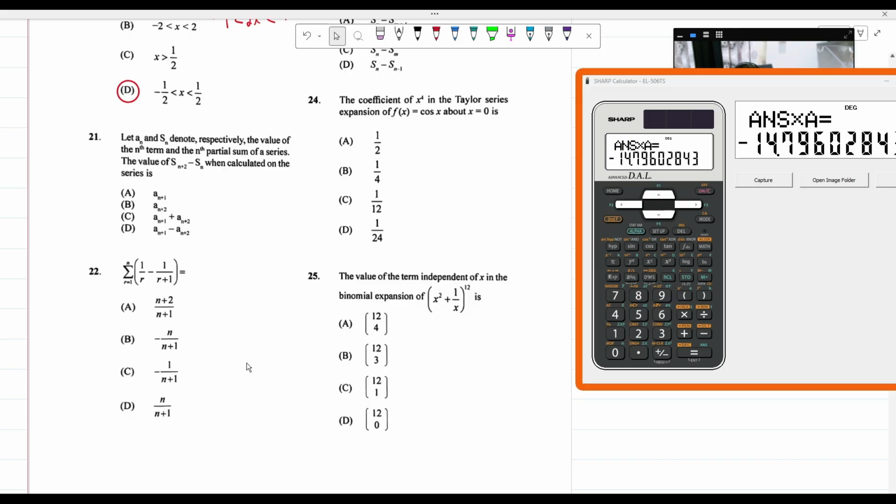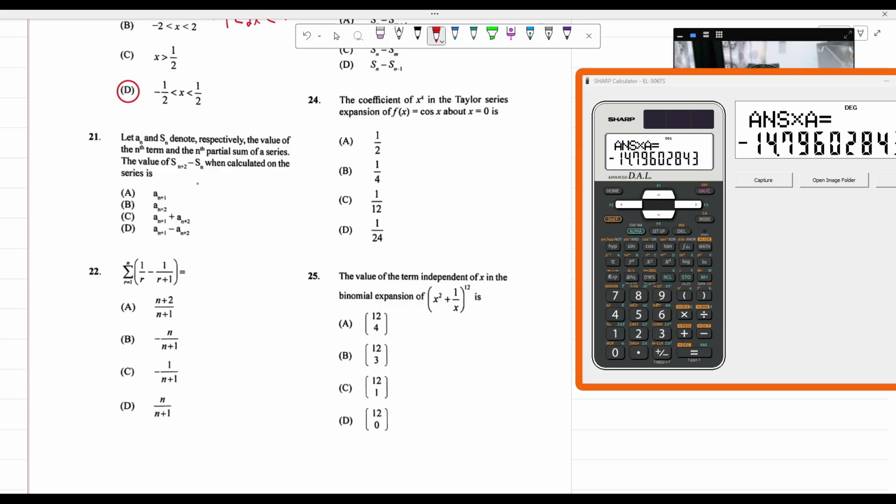Let a sub n and s sub n denote respectively the value of the nth term and the nth partial sum of a series. The value of s sub n plus 2 take away s sub n when calculated on the series is. Alright, so s sub n plus 2, let me expand it out and see what we get.